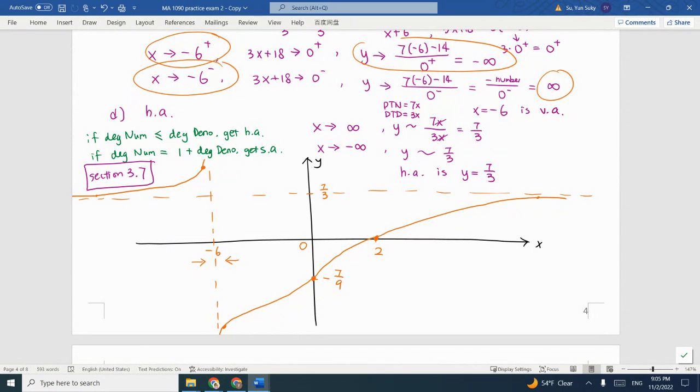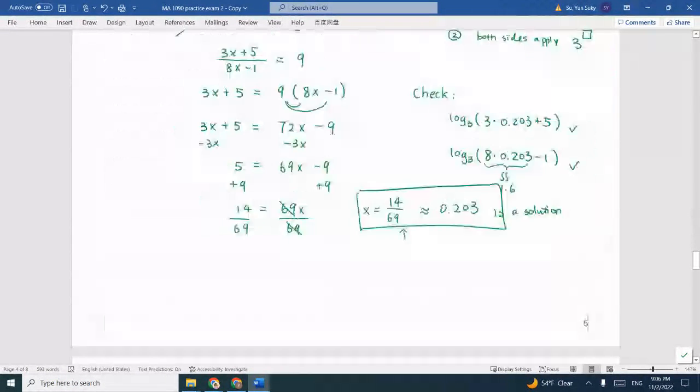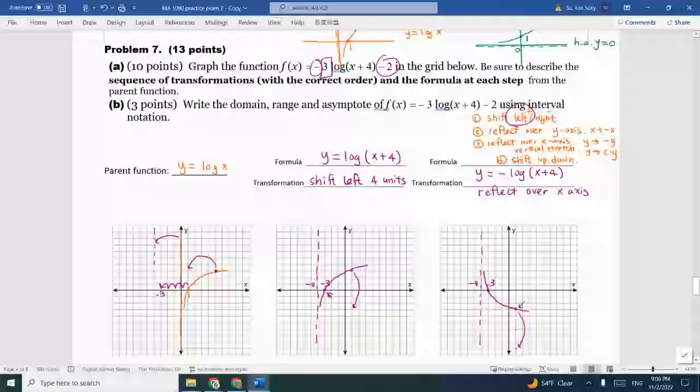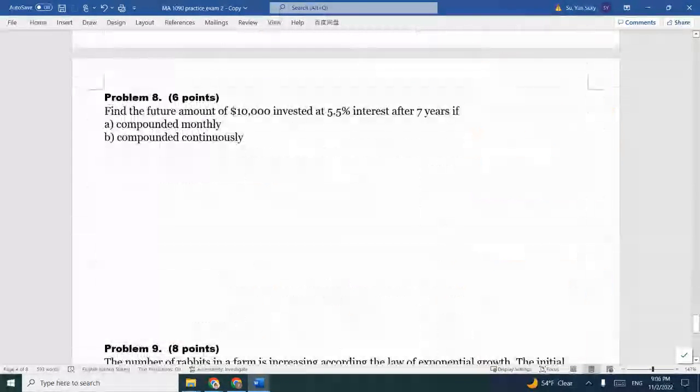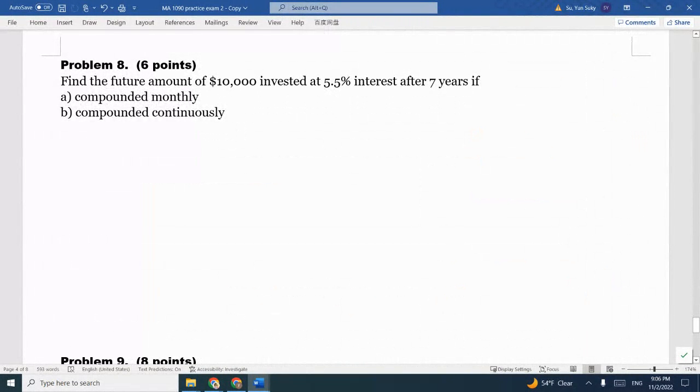We did problem 3, problem 4, problem 6, and problem 7. Which problem do you want to go over next? 8. Oh, okay. So real world applications, yes.